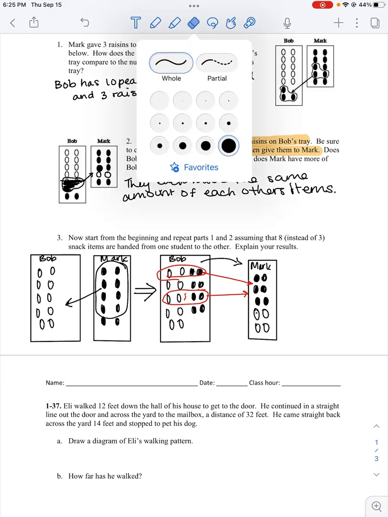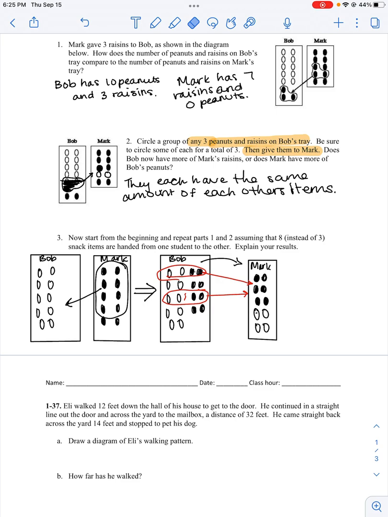Which means if I use my eraser here and determine what Bob has left and what Mark has left, Bob has 1, 2, 3, 4, 5, 6 peanuts and 4 raisins. Mark has 6 raisins and 4 peanuts.